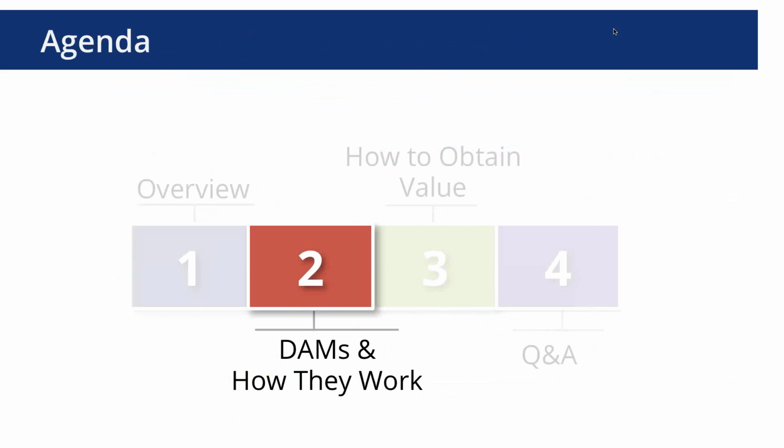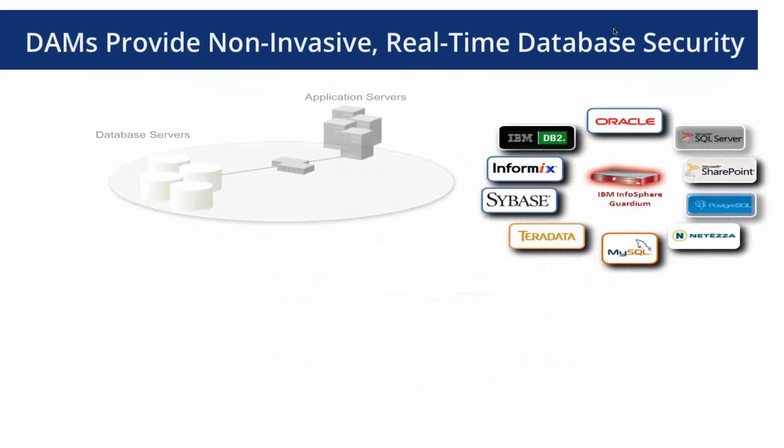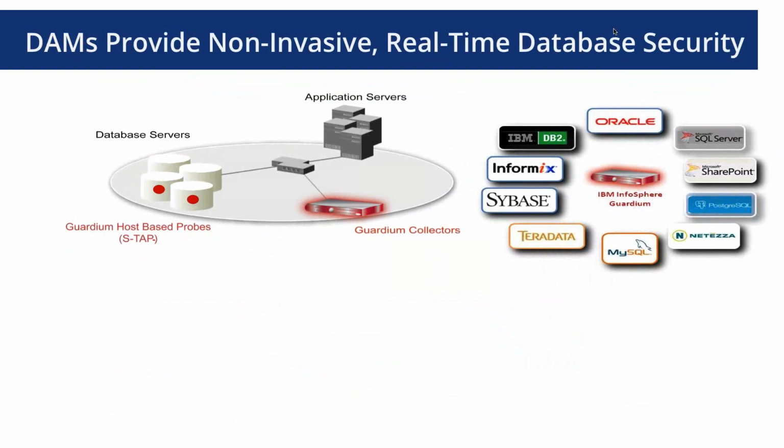Database activity monitoring solutions, how do they work? So this is a solution slide from Guardium that I put in because I really thought it told the story very nicely as far as the heterogeneous applications that are supported by the solution, and the fact that we have the application servers, we have the database servers here, and then these agents that are installed on the database servers themselves are reporting back to the Guardium collectors, right?